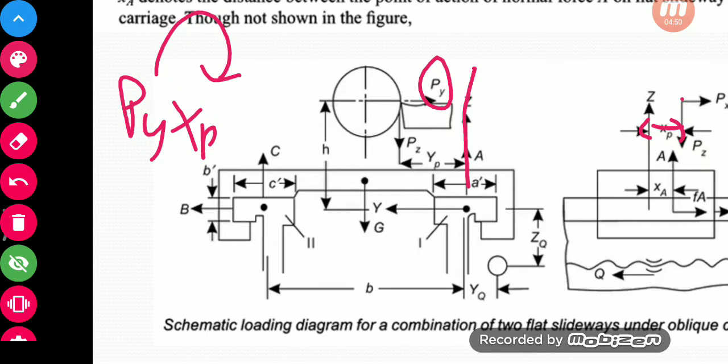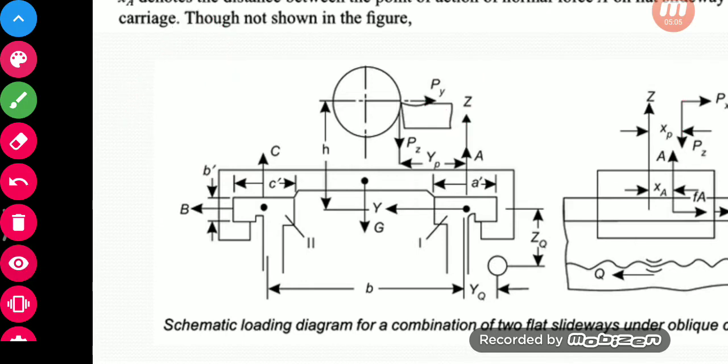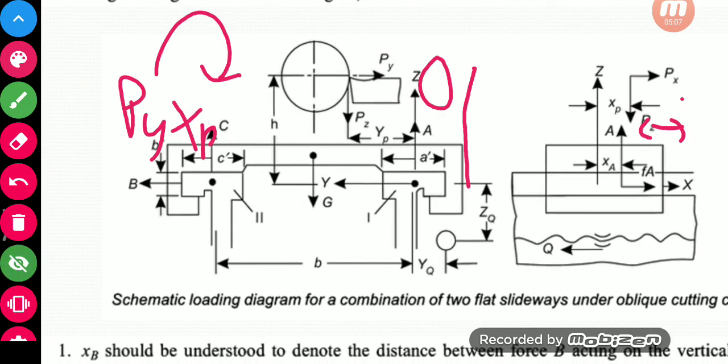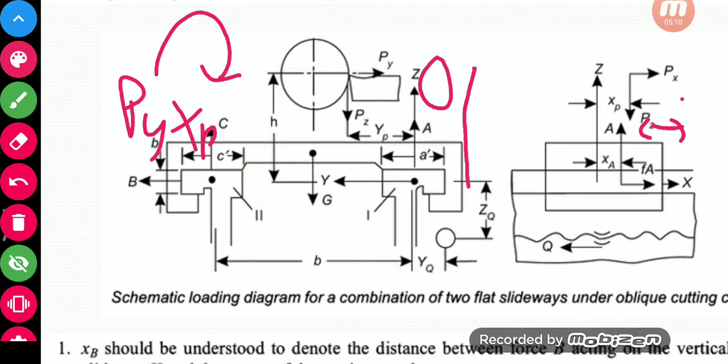Okay, then there is also the force which is in the x direction, which is seen right here. Okay, so this force is seen in this image right here. And this force px would also have a certain moment, and that would again be basically clockwise about the z-axis.